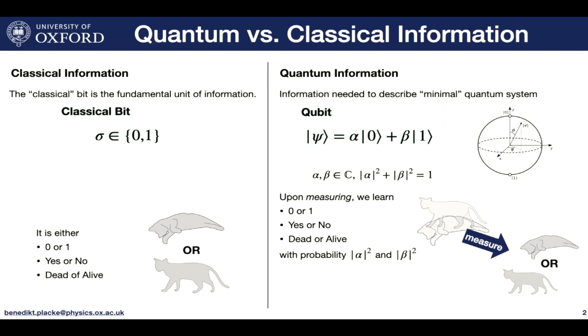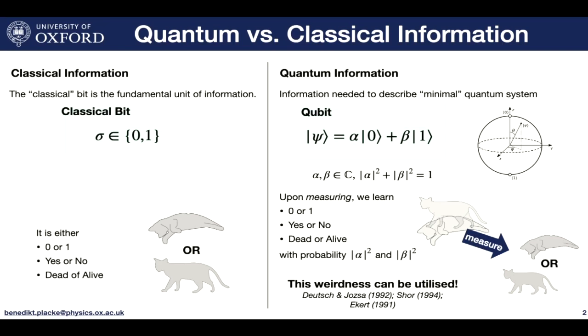So we get a probabilistic outcome: 0, 1, yes or no, dead or alive, with probability alpha squared and beta squared. But after the measurement, the state of the qubit is fixed. So once you open the box, Schrödinger's cat is dead or alive. It's only both as long as you do not look.